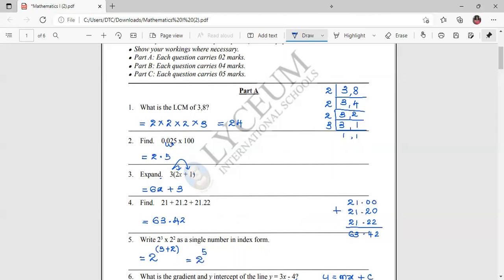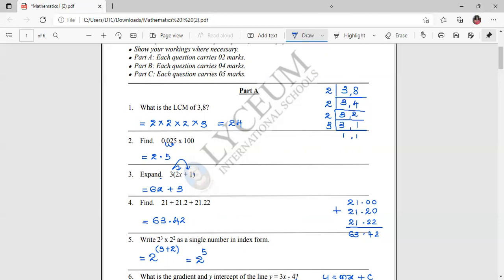Then we have to move to the next prime number, that is 3. Sometimes that is also not possible, then we move to 5. If that is not possible, then we start with 7. Therefore, don't keep the wrong thing in your mind. You don't need to start from 2 always, right?